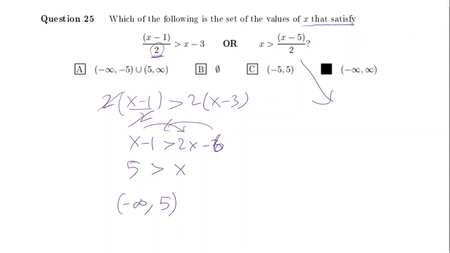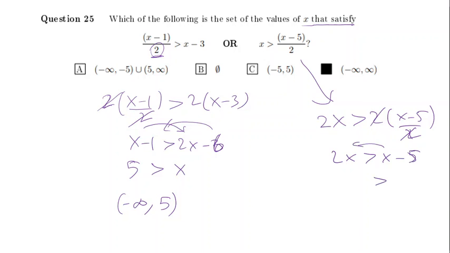And for this part, we can do the same thing, multiply both sides by 2. 2x bigger than x minus 5. And then x goes to here. x is bigger than minus 5.